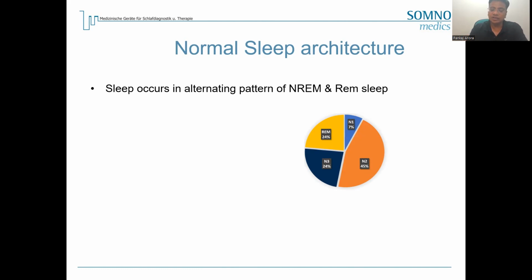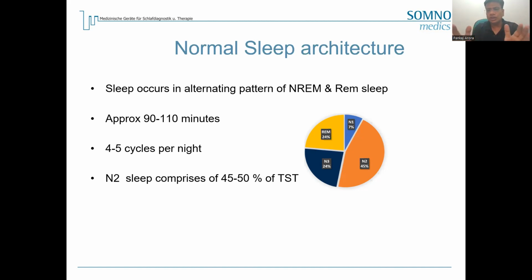Then he will go to stage N2, then into a deeper stage called N3, and then to REM, the rapid eye movement stage. This takes approximately 90 to 110 minutes to complete, and this cycle happens 4 to 5 times each night.